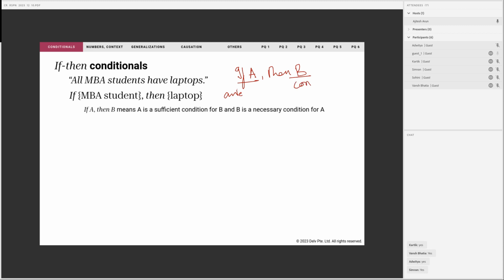Now, I don't need you to remember these terms, but remember, the antecedent is just the first thing, and the consequent is the thing that comes later. When we say if A then B, what that tells us is that A is a sufficient condition for B and B is a necessary condition for A.